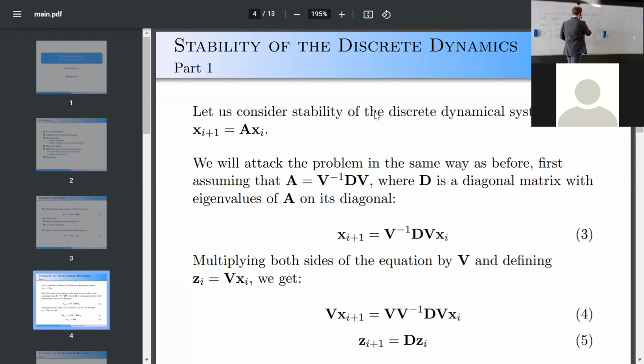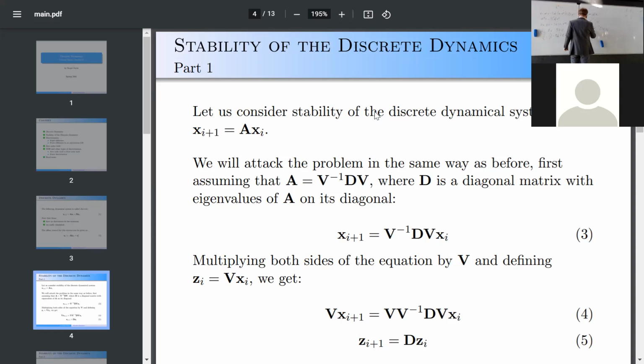Okay, so I get x sub i plus 1 equals V to the power of minus 1 times D times V times x sub i. Just substitute. And then I multiply everything by V. Why do I do this? I want to get rid of this inverse.